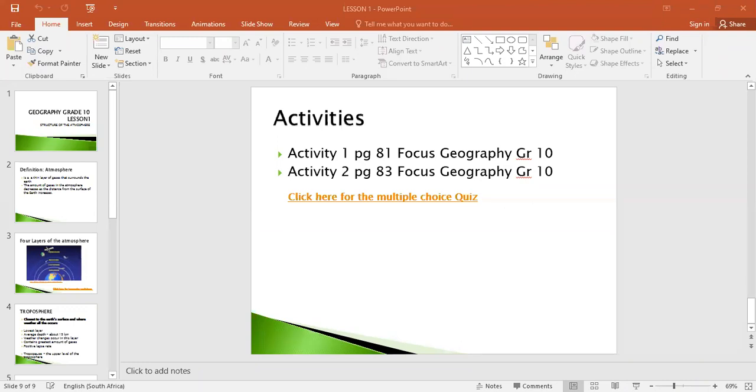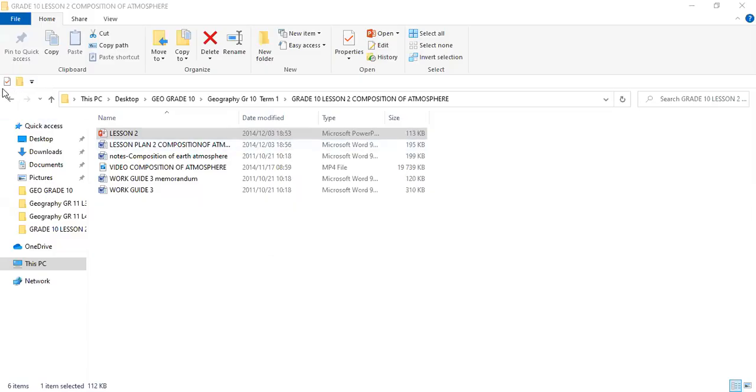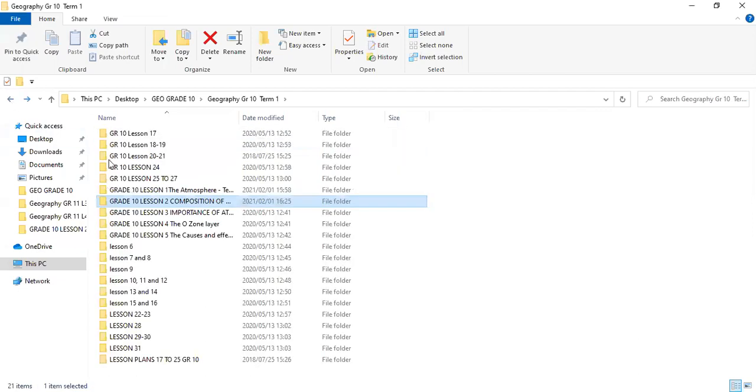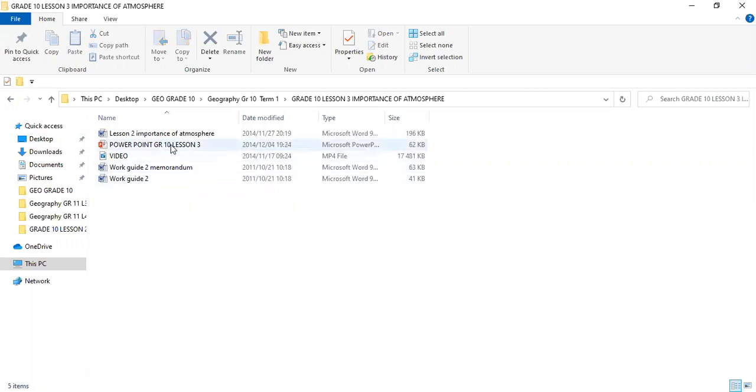See what's happening in lesson 3 so that we can be ahead and know what's going on. Importance of gases in the atmosphere.